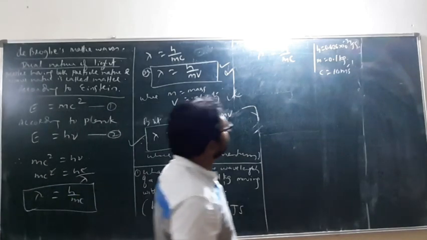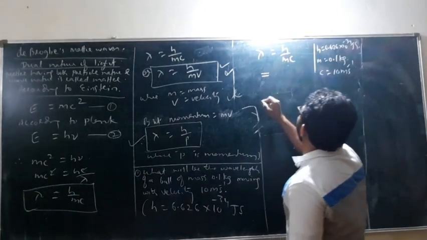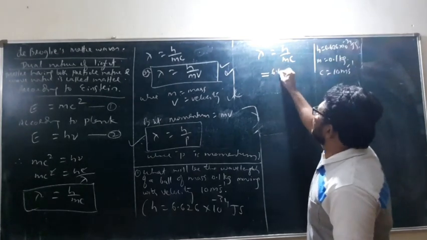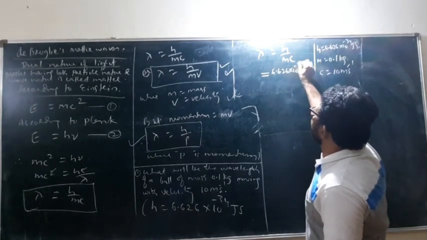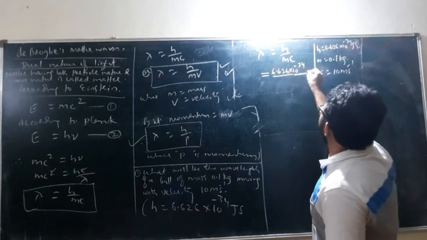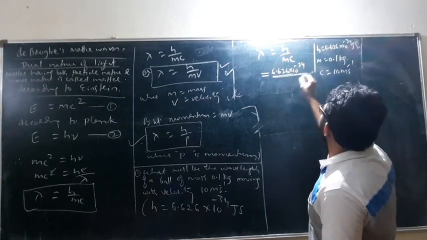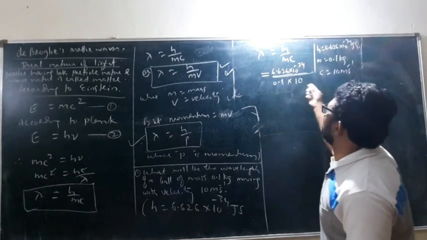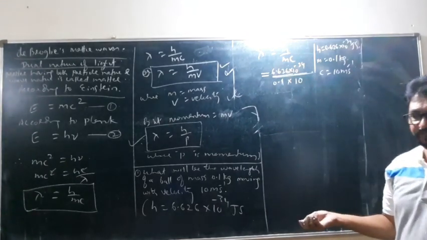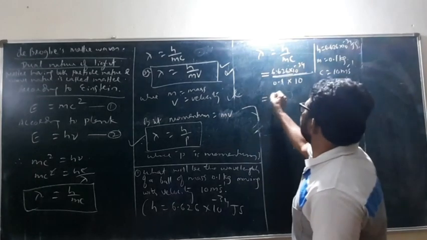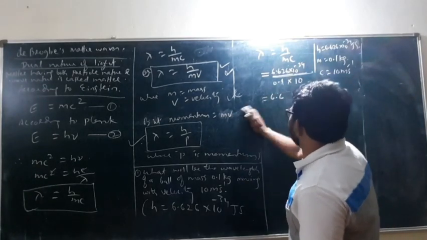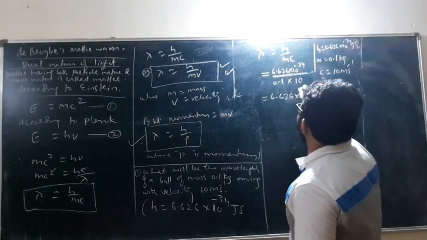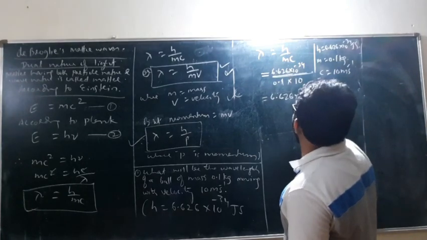Now, lambda is equal to h, 6.626 into 10 raised to minus 34, divided by m, 0.1 into 10. Yes or no? 0.1 into 10 is 1. That means 6.626 into 10 raised to minus 34 meter.